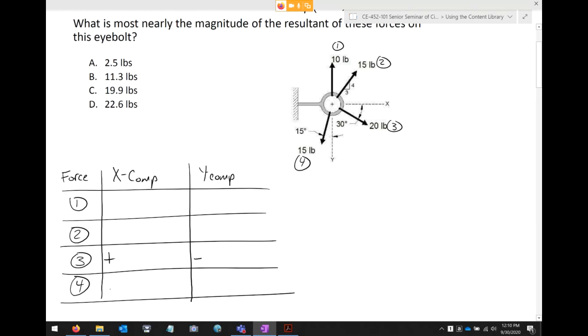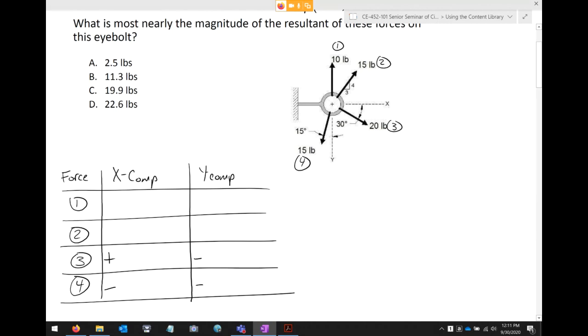And for force 4, they both better be negative. That's probably the first place you can make a mistake. The second place comes with your angles, but we'll handle that as we get a little more involved with the problem. So let's take each of these one at a time.